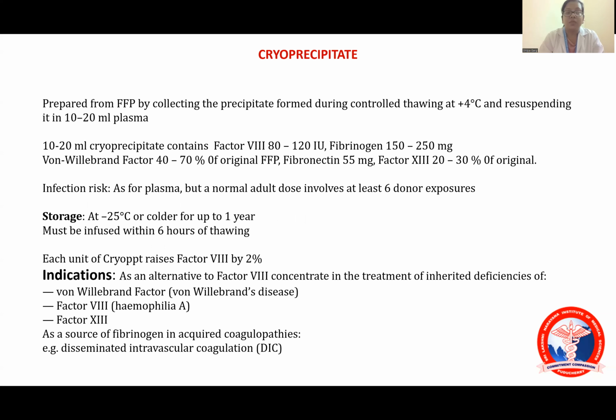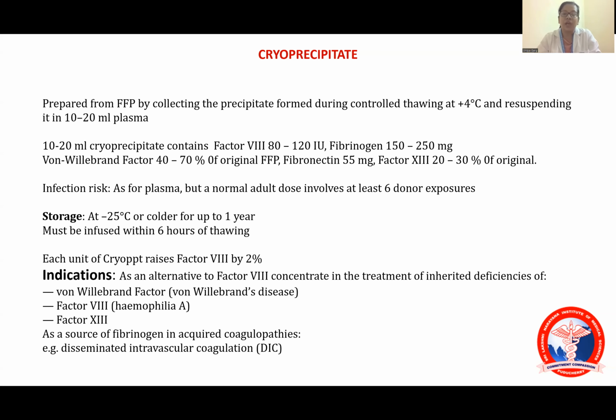Next portion is cryoprecipitate. Cryoprecipitate is prepared from FFP by collecting the precipitate formed during controlled thawing at plus 4 degrees Celsius and then resuspending it in 10 to 20 ml of plasma. 10 to 20 ml of cryo contains factor 8, fibrinogen, von Willebrand factor, which is 40 to 70% of original FFP, fibronectin, and factor 13, which is 20 to 30% of original.